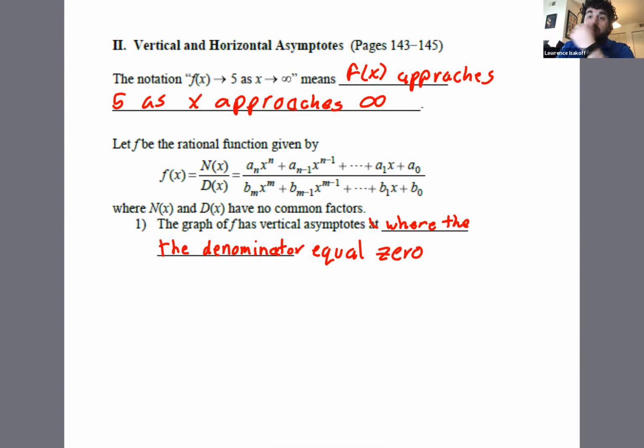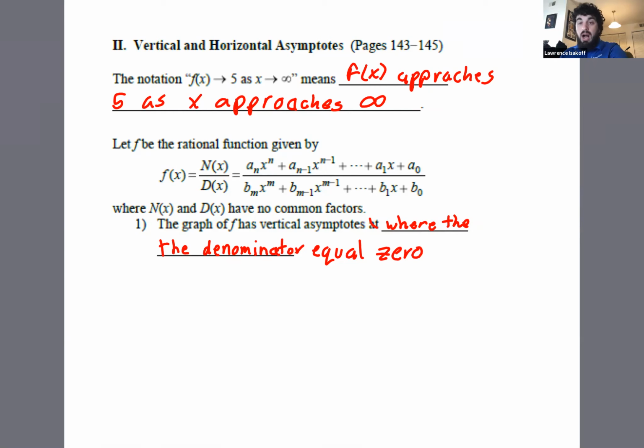Okay, so let f be a rational function given by the following, where n of x is the numerator and d of x is the denominator, with no common factors. That no common factors is important here.